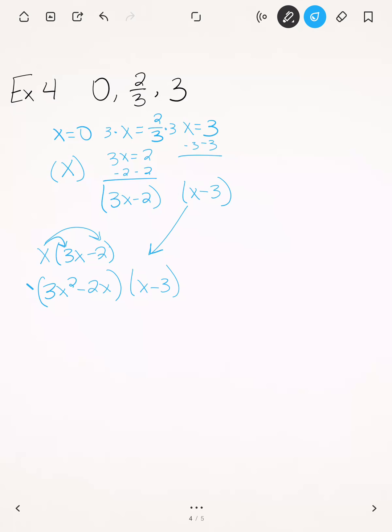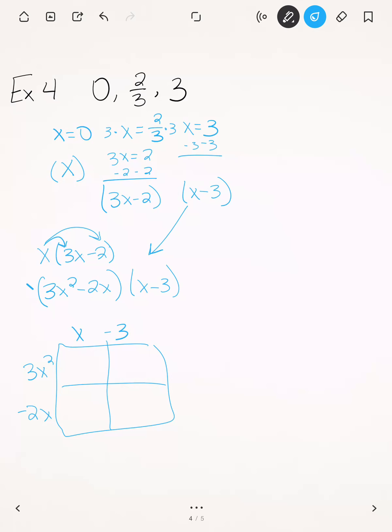So now I'm going to be multiplying 3x squared minus 2x times x minus 3. So I get the box for that. It's a 2 by 2. So I get 3x squared minus 2x, x minus 3.